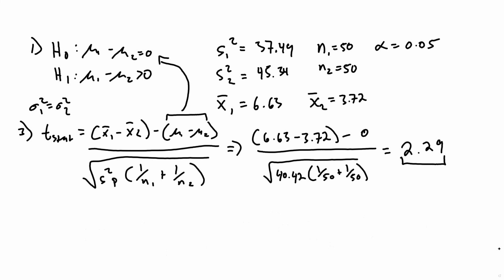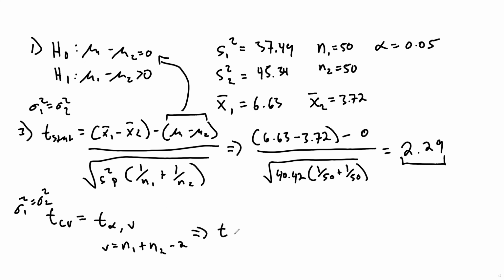So our t-critical value is what's next, and this should be familiar to you. For equal variance, remember, we're assuming equal variance. There are certain steps for equal variance and unequal variance. Our degrees of freedom is n1 plus n2 minus 2, and remember, our alpha is 5%.